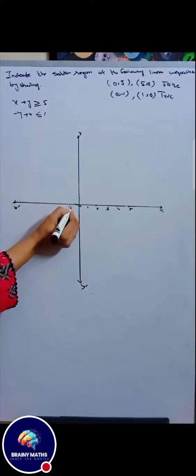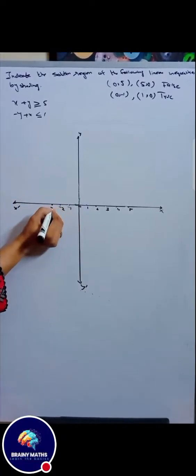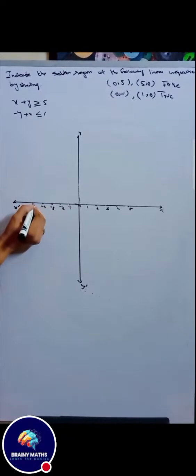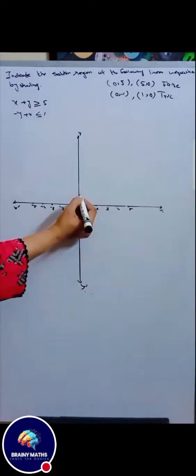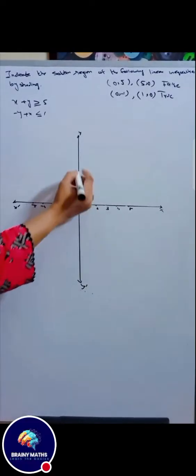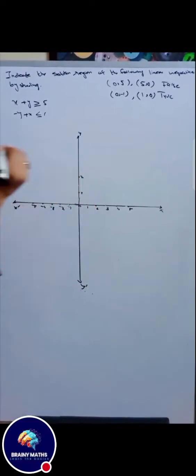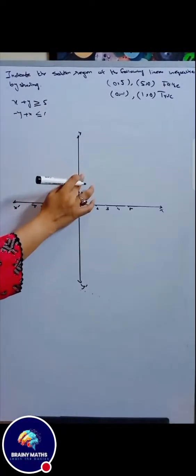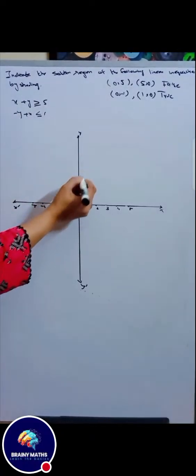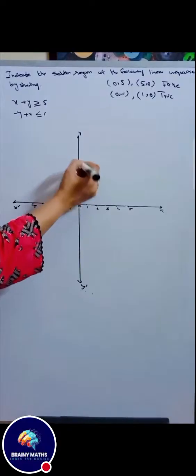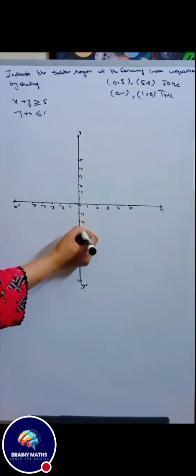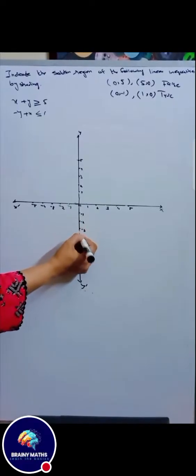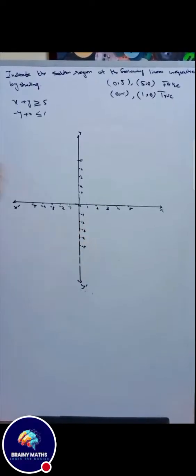I have told you a lot of times, right now I'm just recalling it. On the negative side: -1, -2, -3, -4, -5. Similarly on the y-axis: 1, 2, 3, 4, 5, and -1, -2, -3, -4, -5.